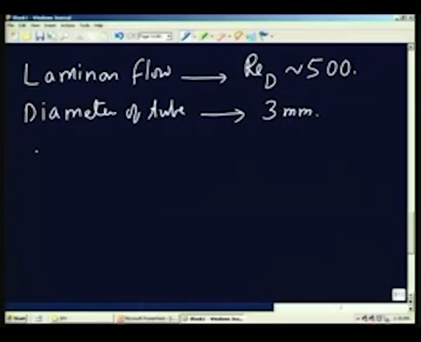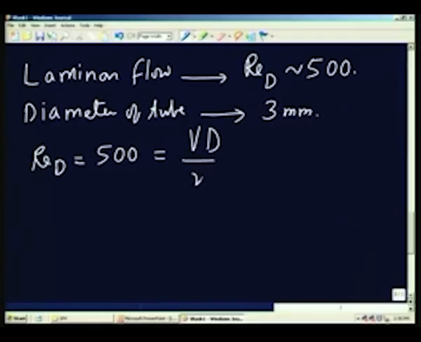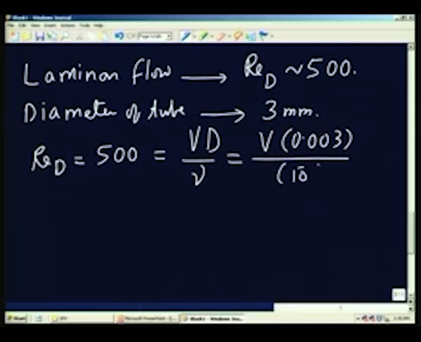So, by definition, Re_D equal to 500, which is what I have taken, is the value V, which is the average velocity in the tube, multiplied by D by nu, and I will substitute the values: V into 3 millimeters, 0.003, divided by nu, which is 10 to the power of minus 6, as we saw in the previous case.